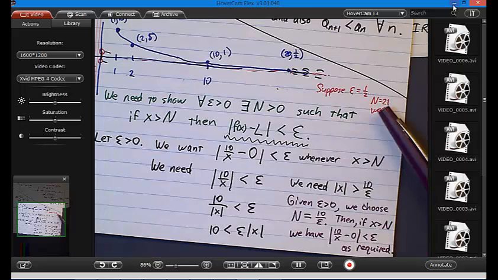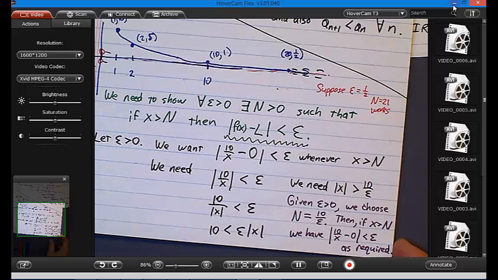That's why Joe's choice of 21 worked. Do you guys get that? But the point is, it doesn't just work for a half, it works for any epsilon. Take 10 over epsilon and you have it. And that proves that the limit is indeed 0 in a precise manner. Okay?